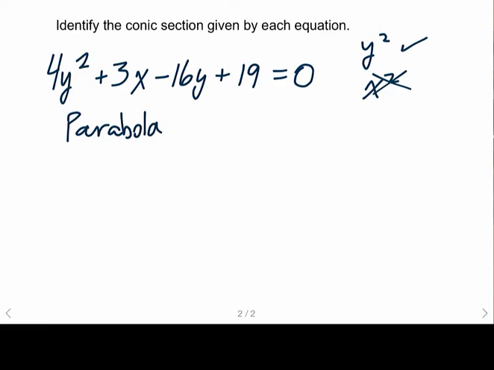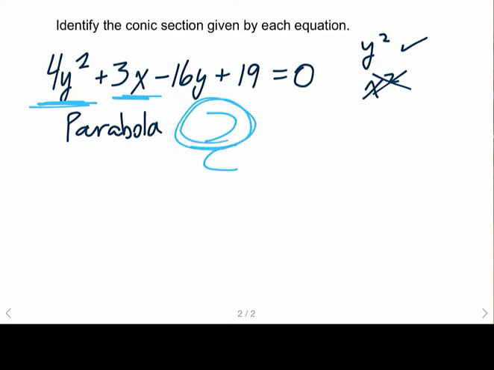And furthermore, because the squared term is the y squared, I know that it's going to be horizontally oriented, right? So it's going to open left or it's going to open right. If we put y squared and x on opposite sides, then we would see that this particular parabola opens left.